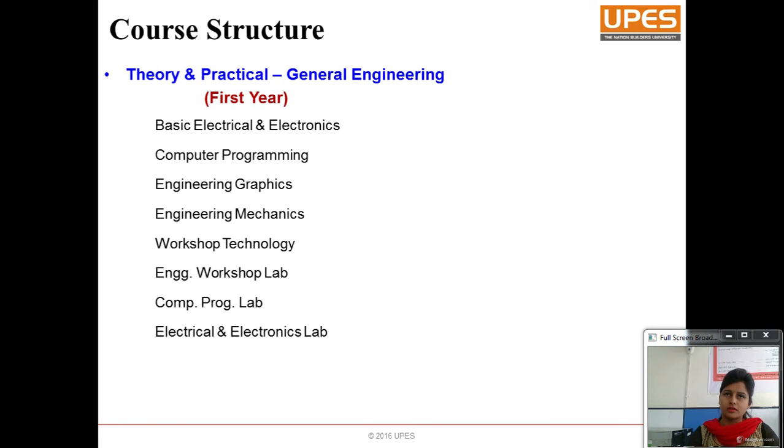When we step into the general engineering part in the first year, a student who is proceeding towards mechanical engineering should be aware of the basic concepts of all the branches. That's why we have included basic electrical and electronics, computer programming, workshop technology, as well as engineering graphics.